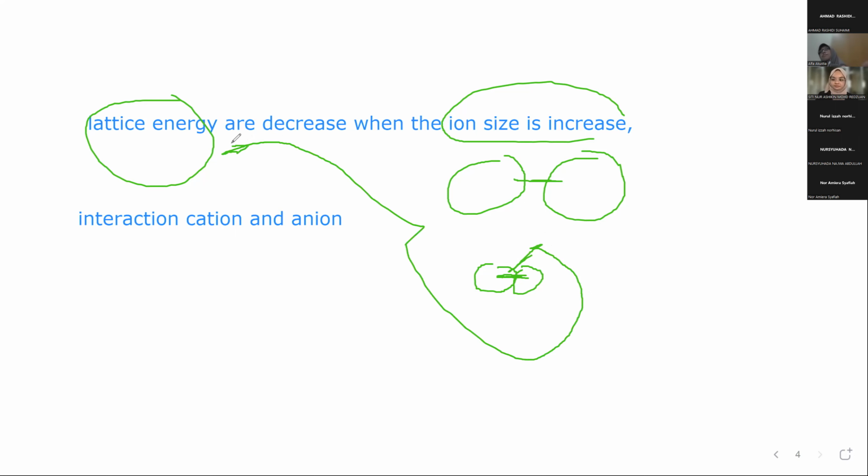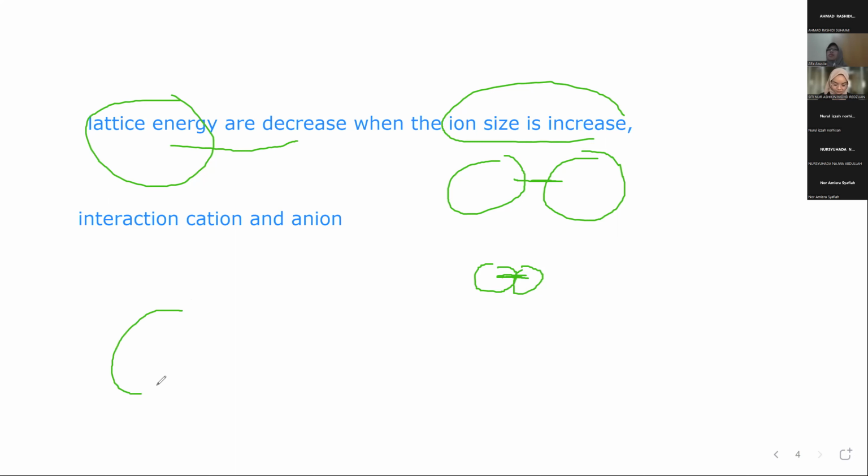This is the opposite property: the lattice energy decreases when the ion size is increased. Why? Like if I have a ball, like two basketballs. I have this, okay, this is the cation.